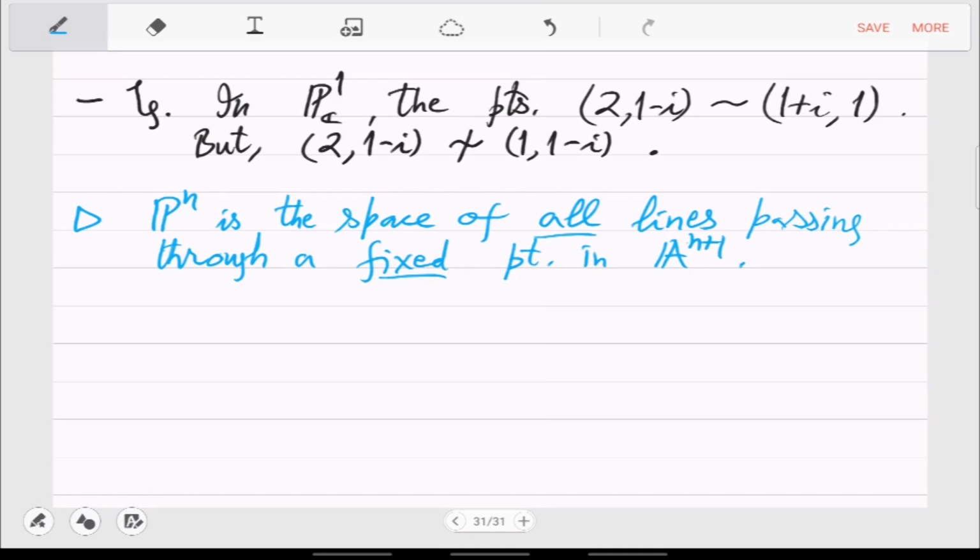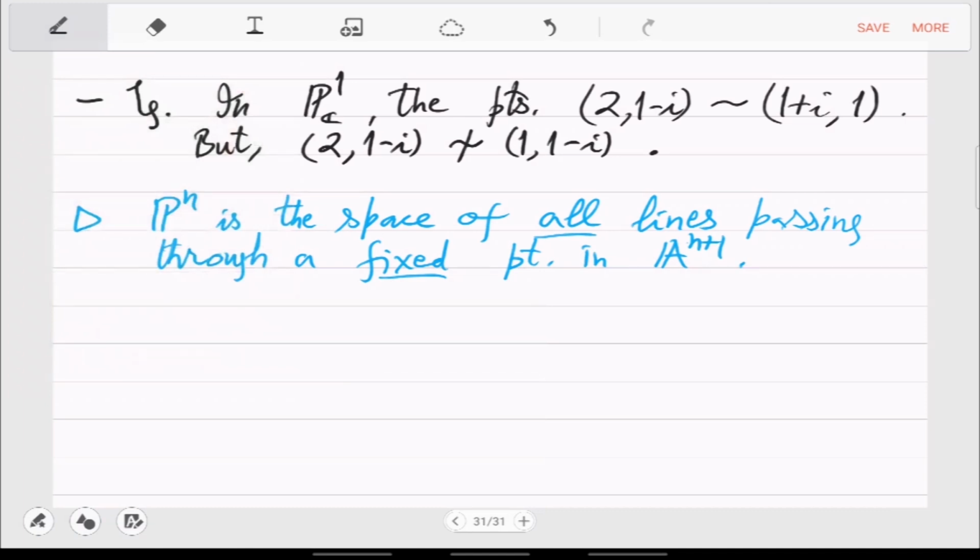Okay, so in particular we took the point 0 and we took all the lines which are passing through 0. They give you distinct points in the projective n space, but you can do the same thing for any fixed point in A to the n plus 1. Okay, that correspondence is there for lines versus projective points. Yeah, so that is the geometric picture.